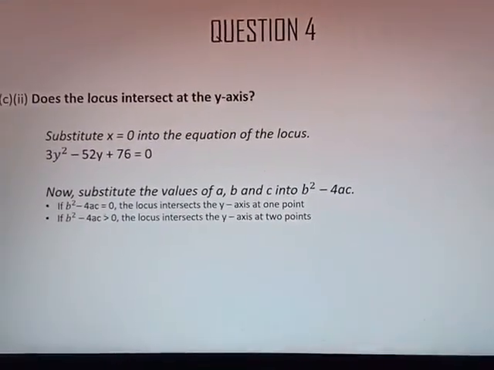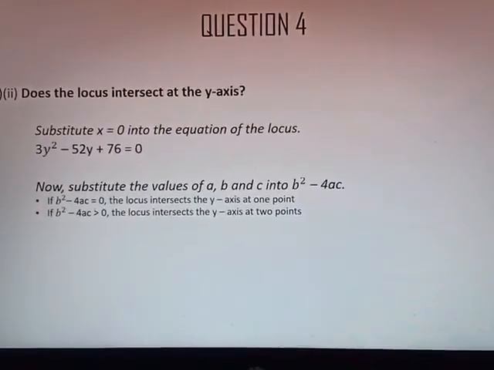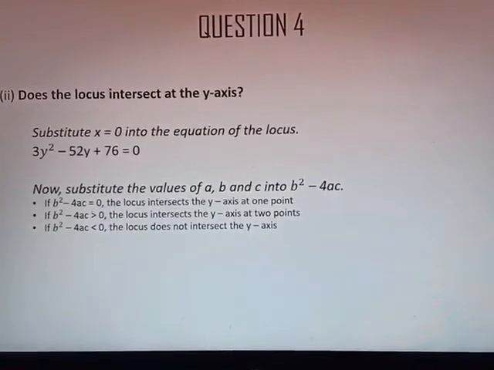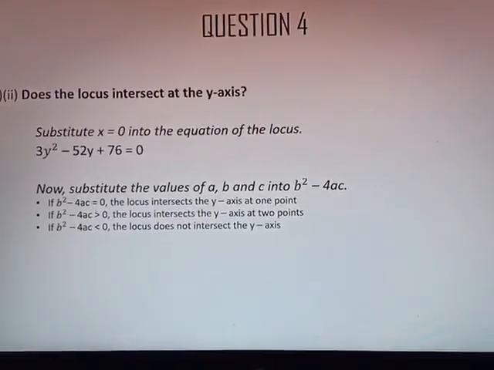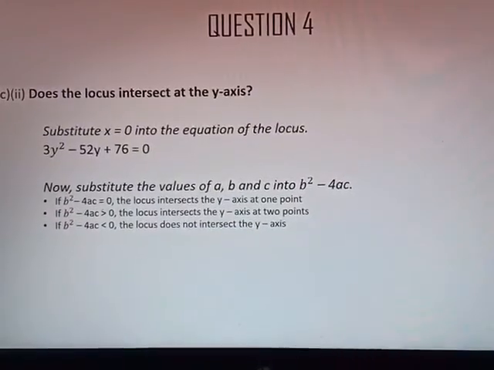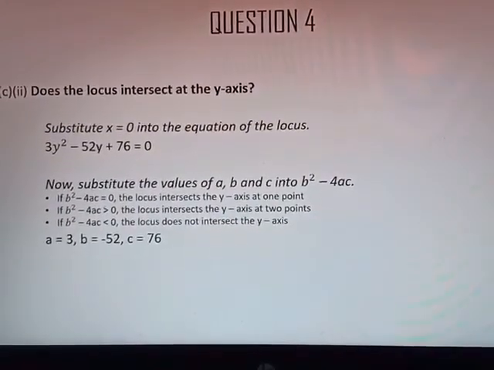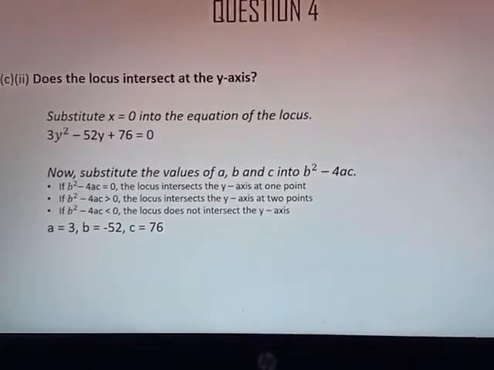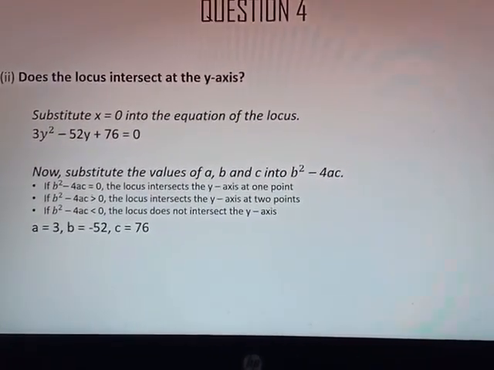If b squared minus 4ac is greater than 0, the locus intersects the y-axis at 2 points. But if b squared minus 4ac is less than 0, the locus does not intersect the y-axis at any point. The values of a, b, and c are 3, negative 52, and 76 respectively.